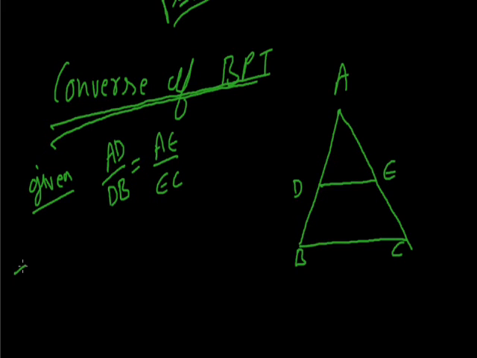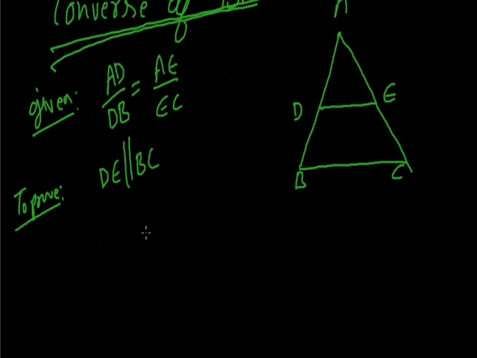And we have to prove that DE is parallel to BC. For this, we have to do one construction.